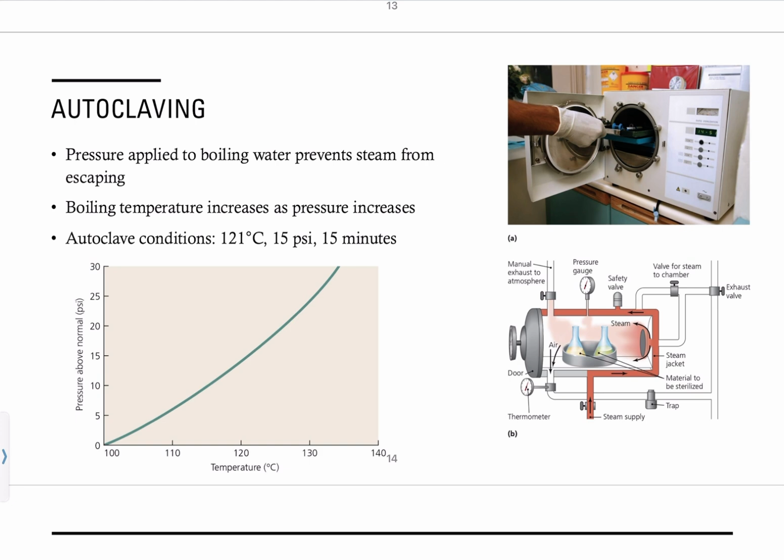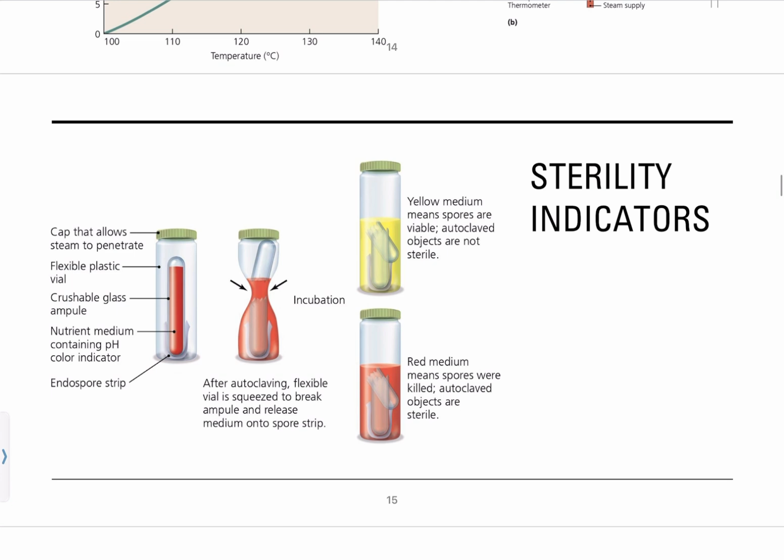So really important. However, the steam has to contact every surface. So items are usually wrapped in some sort of porous material. Lids have to be loosened and the air has to get ventilated. So this is why we can't autoclave things that are wrapped in plastic because steam can't get through.